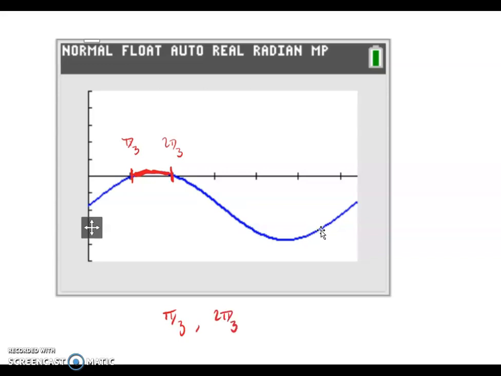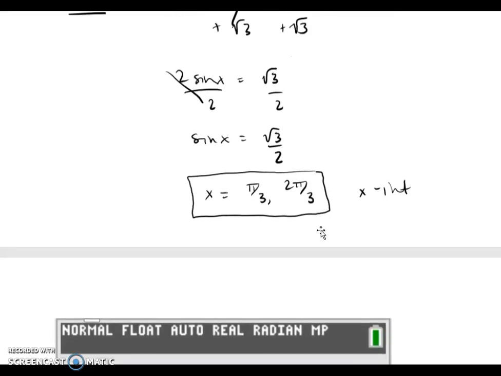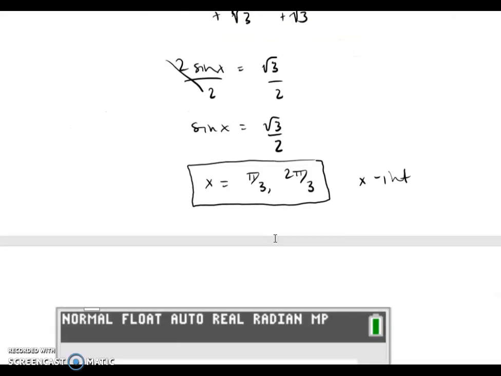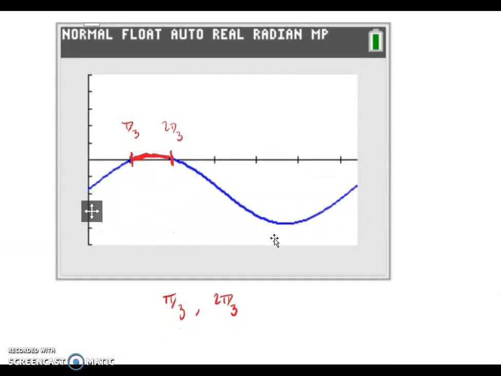Then I have to decide if I want round brackets or square brackets. I come back up to the top and see that it's included, greater than or equal to. So I'm going to use square brackets. If it was not included, I would use round brackets. That's the only part of this graph that's above the x-axis. That's my final answer.